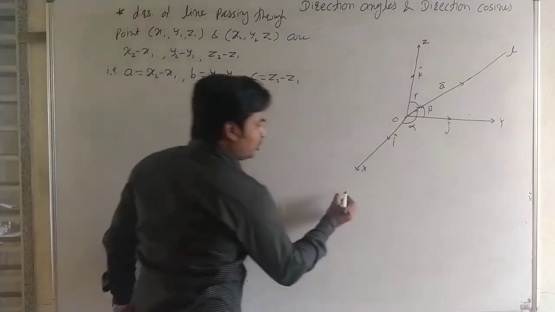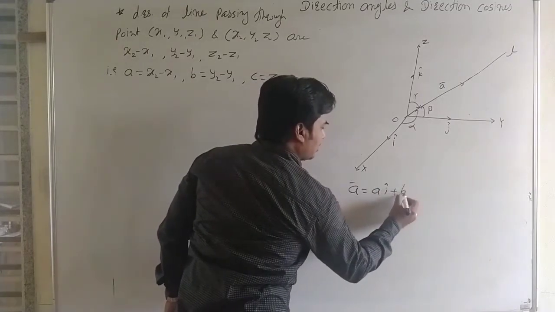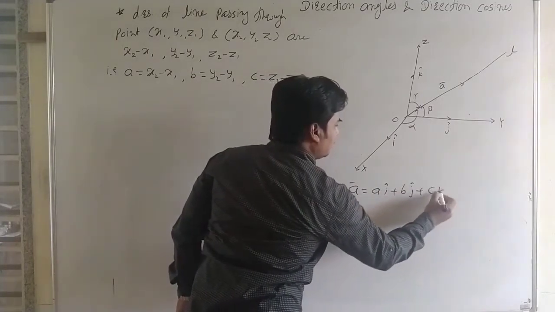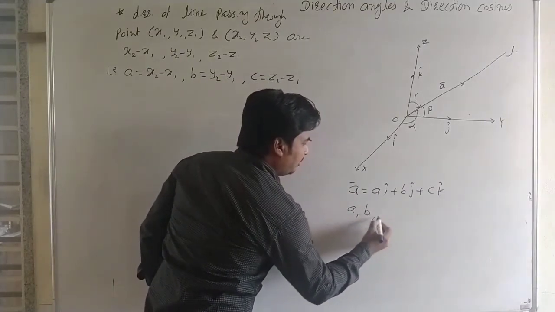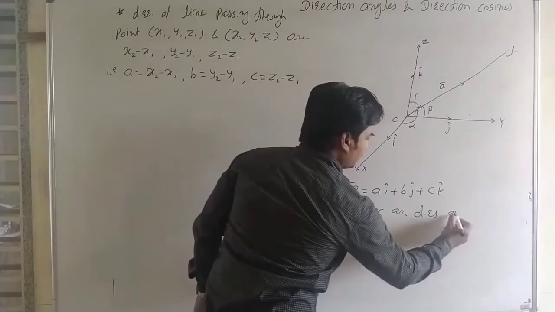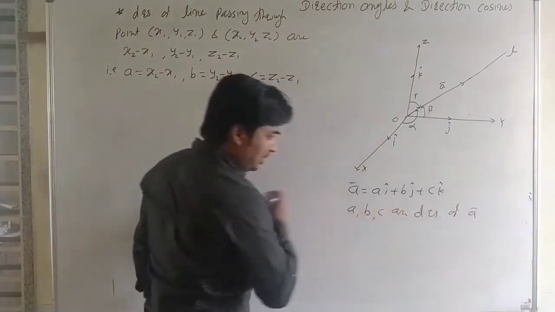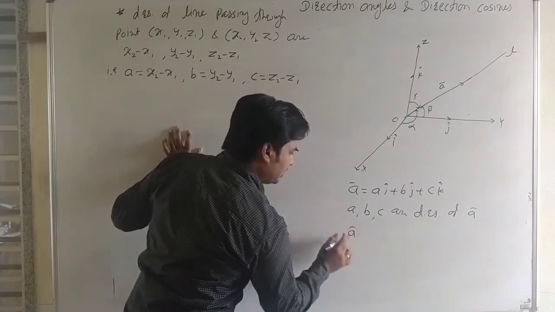Here, the components of any vector, A bar is equal to A i cap plus B j cap plus C k cap, are the direction ratios of A bar. A, B, C are the direction ratios of A bar. And then, what is A cap?